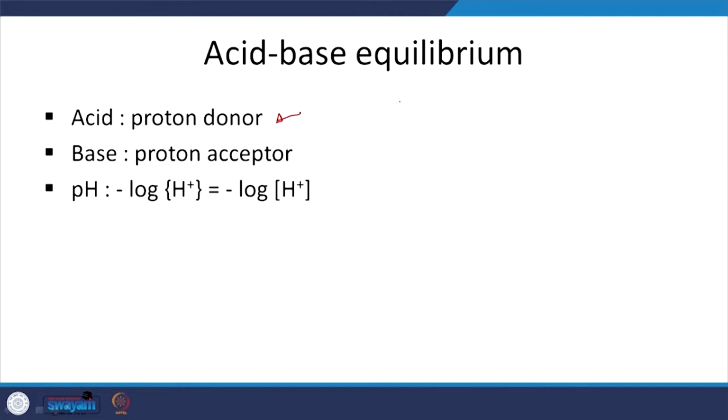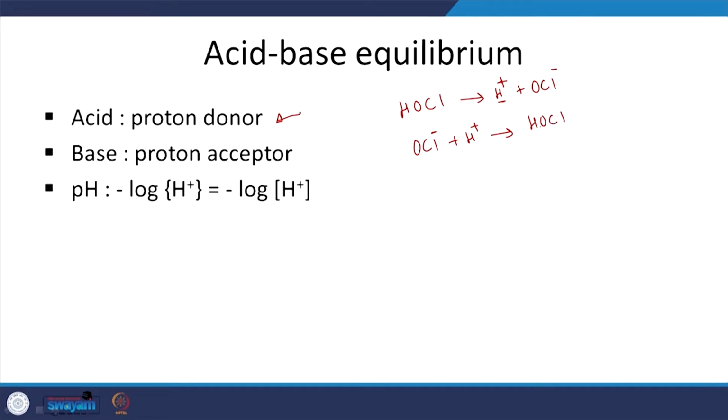So we have acid. HOCl is an acid. What's the property of an acid? It's a proton donor, as in it can give out a proton, H plus. And what is OCl minus? It's a base. And what is its property? It can take up a proton, so it's a proton acceptor.